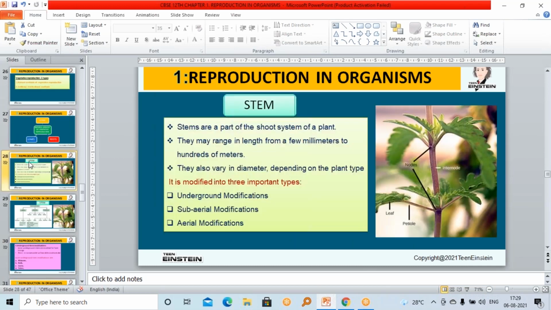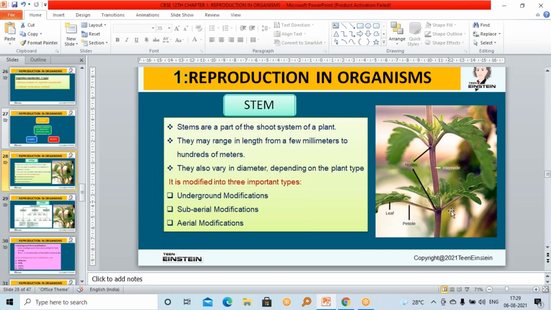From any of these parts we can do vegetative reproduction naturally. Then let's go through each one. Let's see vegetative reproduction by stem.